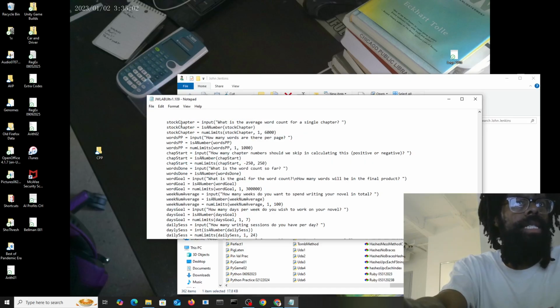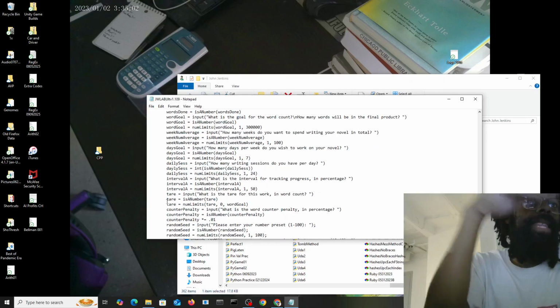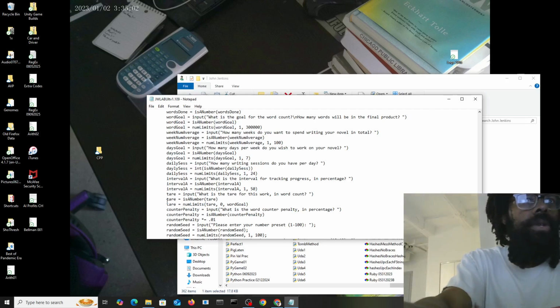I guess I would need stock chapter, and I would need word goal. I didn't notice this is capped at 300,000. Maybe I need to change those caps, though they work pretty well.